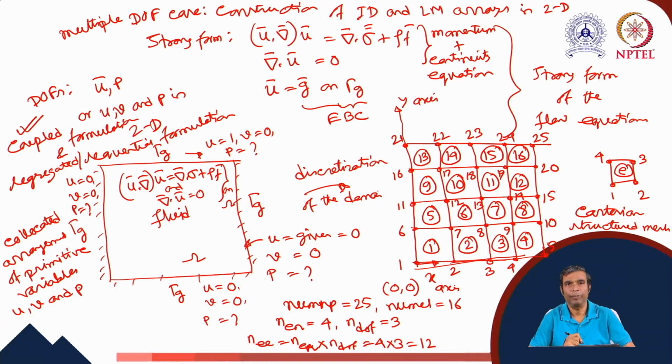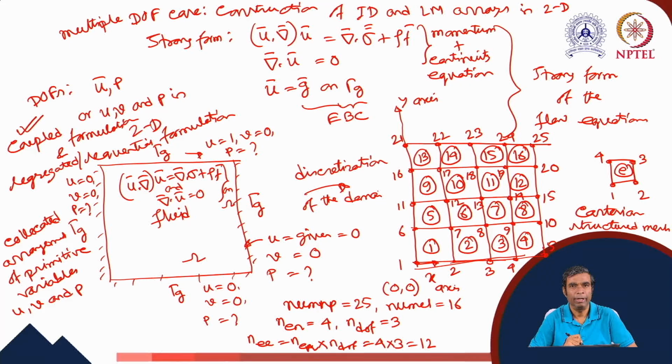So we have 3 unknowns or 3 degrees of freedom: u, v and p. So we could construct 3 different meshes, one for every unknown. Should we have a different mesh for u velocity? Should we have a different mesh for v velocity? Or should we have a different mesh for the pressure?